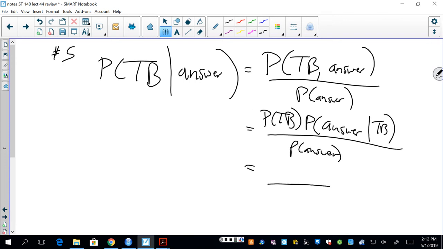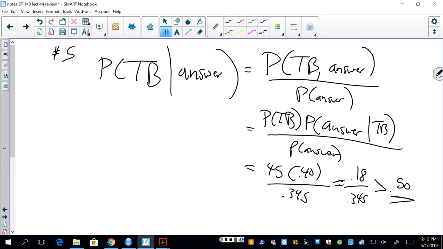So answering was 0.345, 45% supported here, and 40% stopped. So this is 0.18 over 0.345. I don't know what that is exactly, it would be in the solution. But importantly, of those people who answer, more than 50% are saying Tom Bradley, even though only 45% are voting for him. So the response at the exit poll, because of that differential, makes it inaccurate.